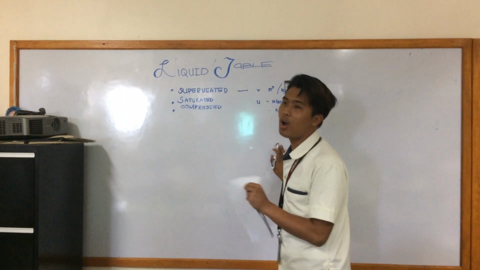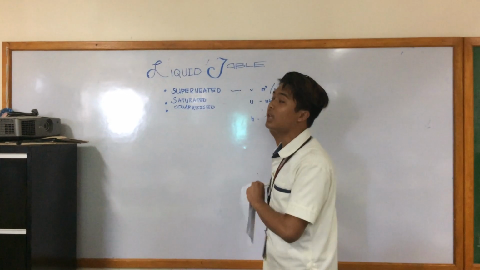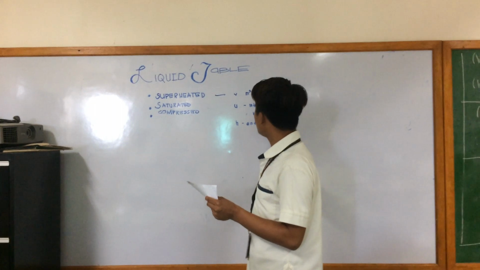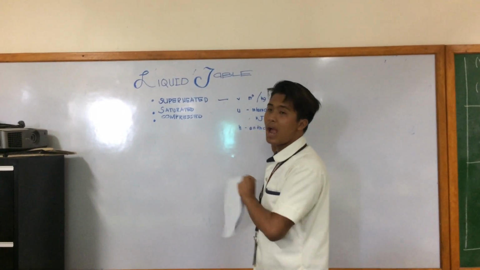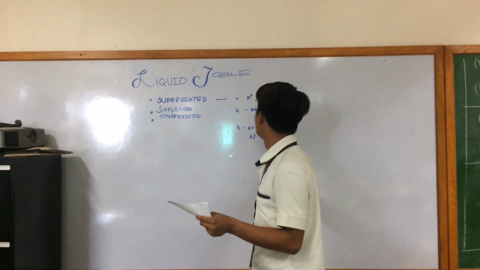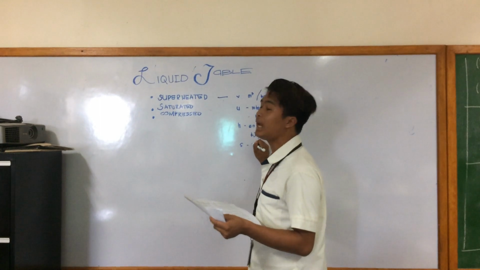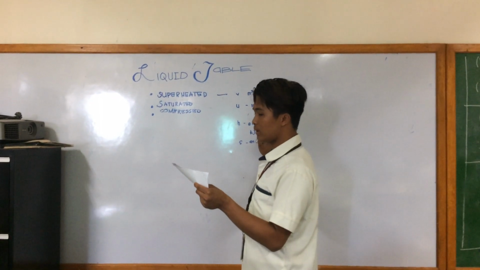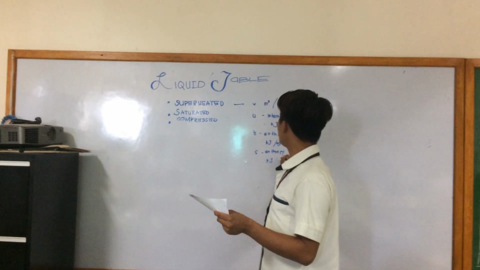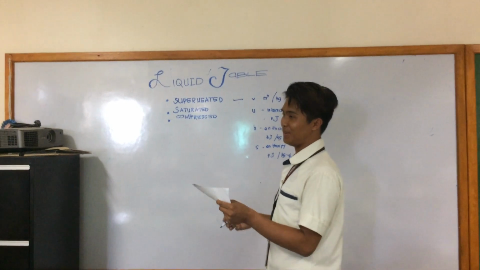After this is the small letter h, the enthalpy, with the same unit as internal energy, kilojoules per kilogram. And after this is the small letter s, the entropy, with the unit kilojoules per kilogram kelvin.